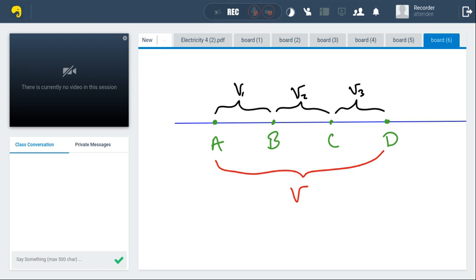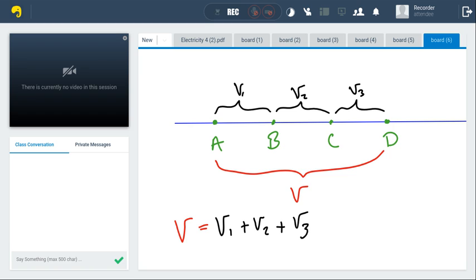Now what I hope we're okay with is as follows: the voltage V would be equal to V1 plus V2 plus V3. Because remember, V is the difference in potential energies, aka the work done in bringing a +1 coulomb from A to D, or vice versa.